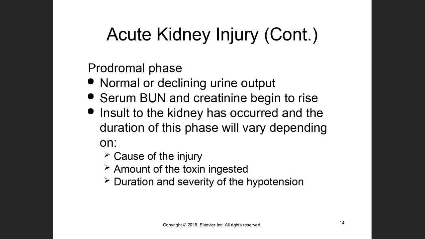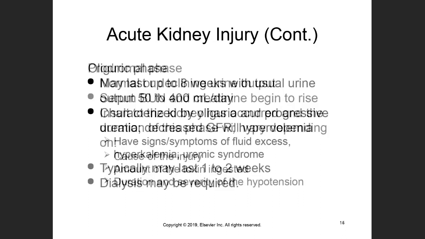In the prodromal phase, we have normal or declining urine output. Serum BUN and creatinine begin to rise. Insult to the kidney has occurred, and the duration of this phase will vary depending on the cause of the injury, amount of toxin, and duration and severity of hypotension.